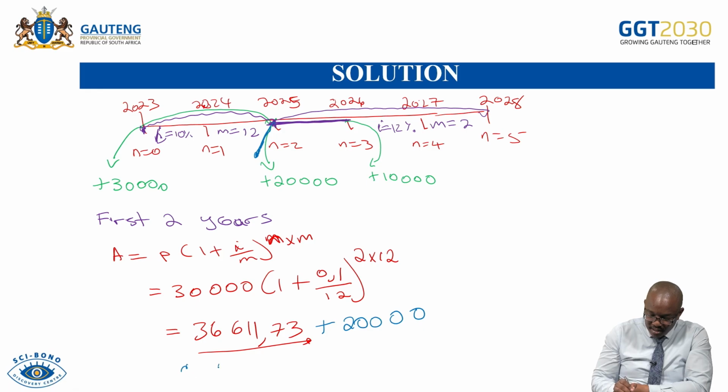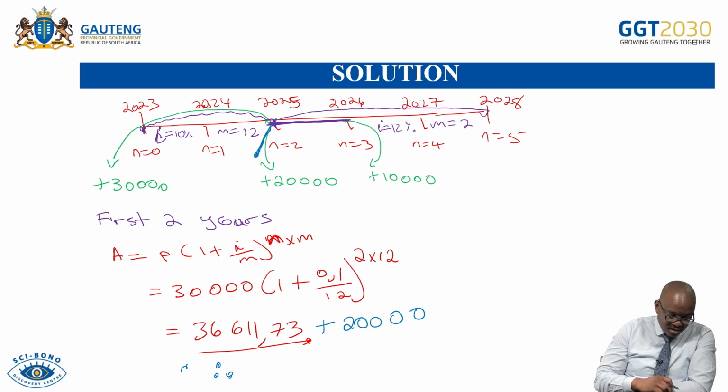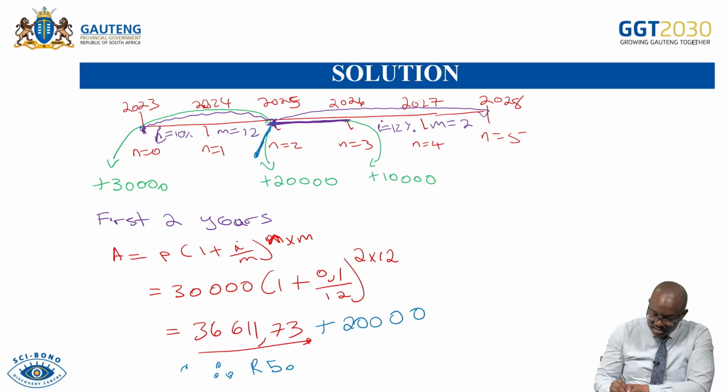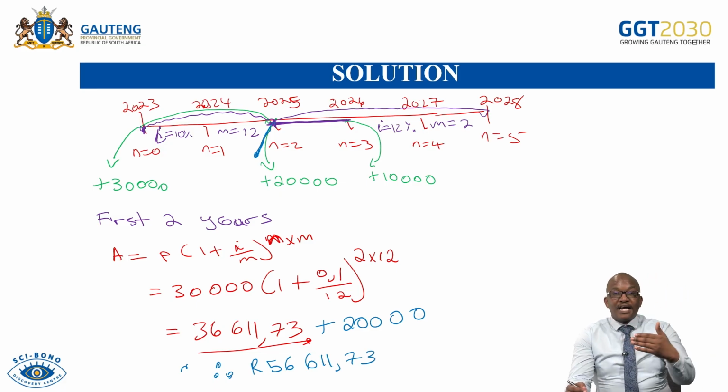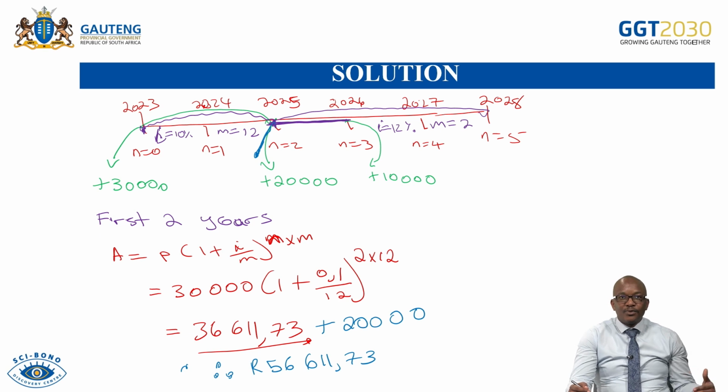Therefore, the amount there, we add 20,000, it will be 56,611 rand 73 cents. So that is the amount that it will be there in 2025 after depositing 20,000.